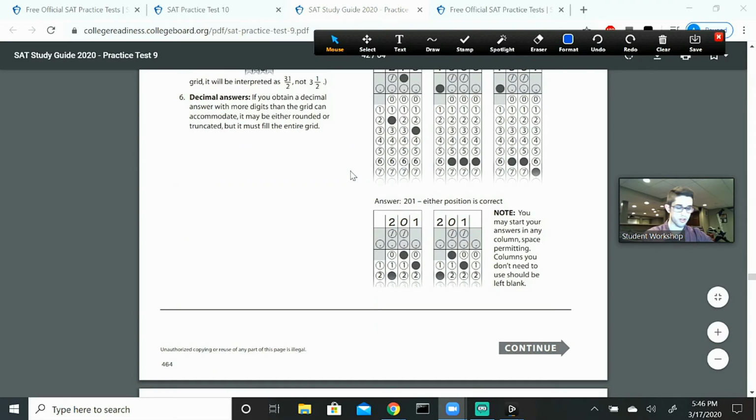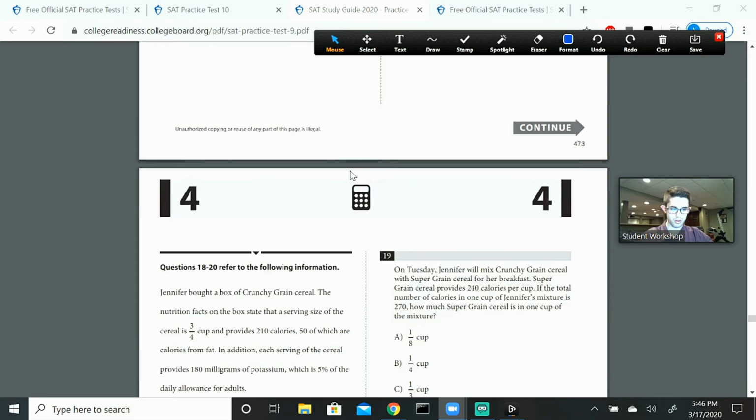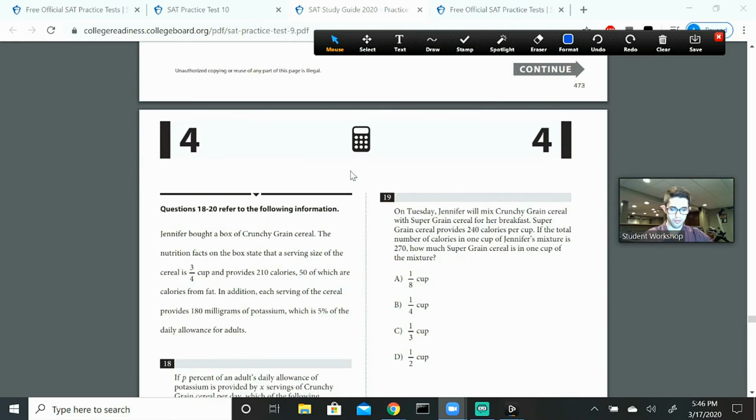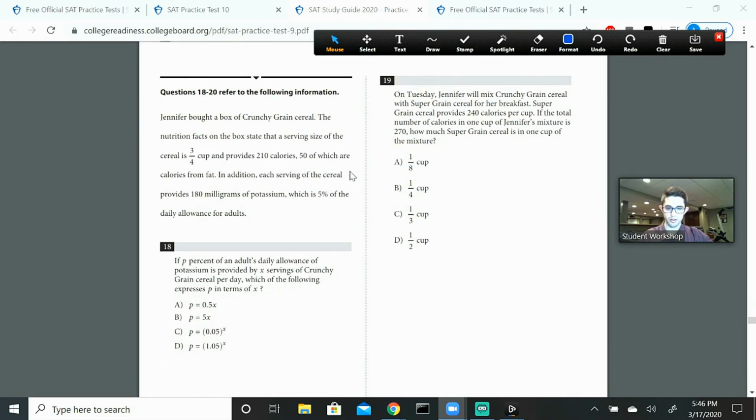All right, now the calculator section, we have this set of questions, 18 to 20, that I think are pretty challenging. Jennifer bought a box of Crunchy Grain cereal. The nutrition facts on the box state that a serving size of the cereal is 3/4 cup and provides 210 calories, 50 of which are calories from fat.